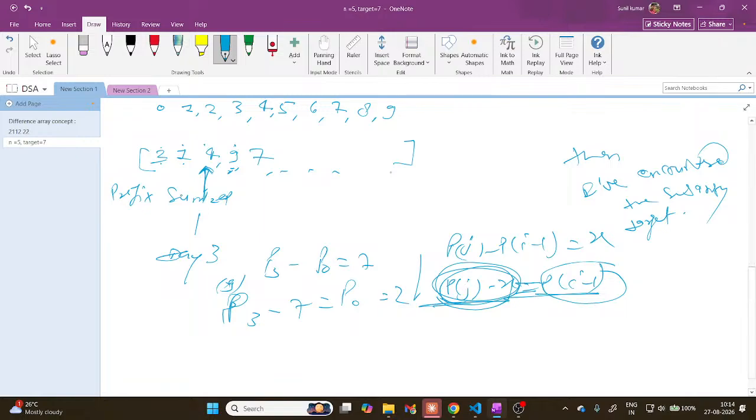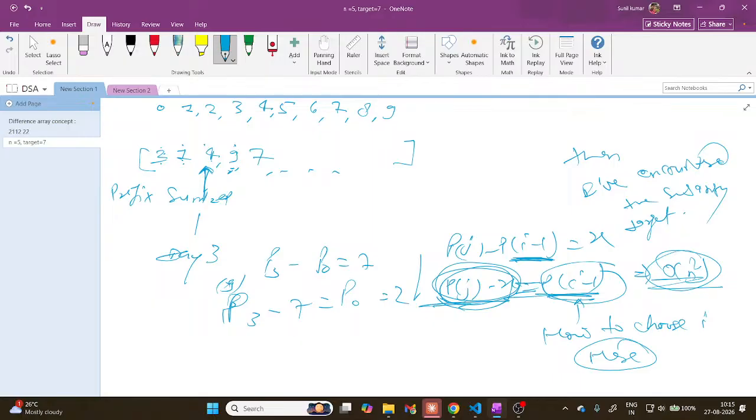That's correct. But how do I know which I? I can go for J, right? But how to choose I in this case? That is the problem. Which I are we talking about? Is this I? Is this I? If we have to choose both I and J, then it's again order of n square. That's not the correct way to represent that.